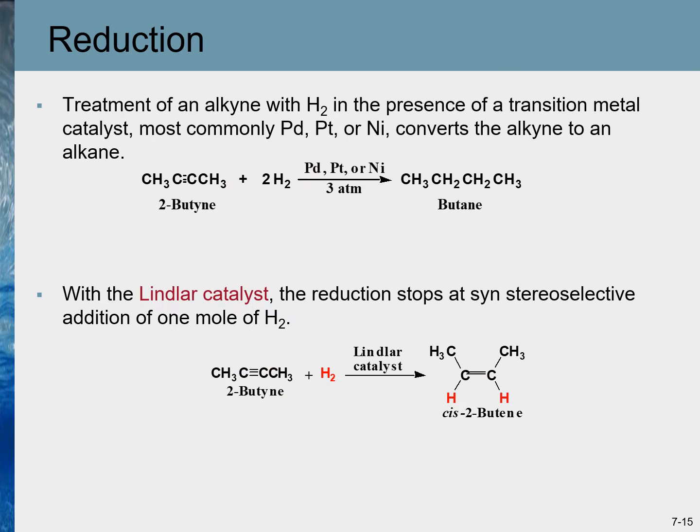There are three types of reactions which can be used to convert alkynes into alkenes and alkanes. These reactions are catalytic reduction, hydroboration, protonolysis, and the last one is dissolving metal reduction.